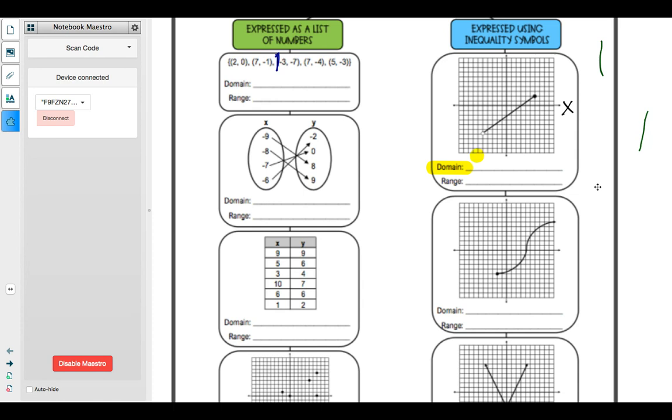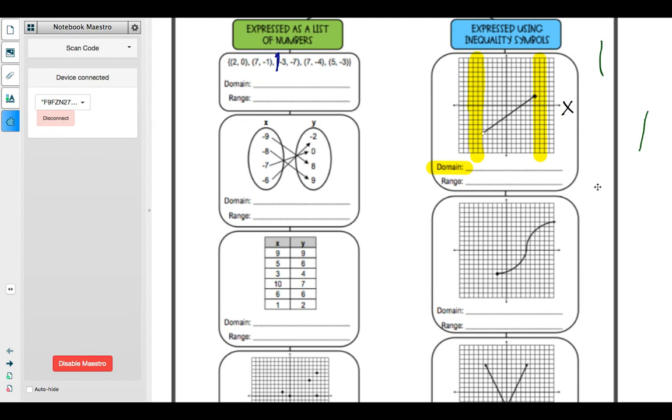I am going to go on the very outside edge, as far left as I can. So I've given that graph a boundary. I'm going to do the exact same thing on the right side. So now I have cropped my graph so that I am only looking at those points in between those boundaries.